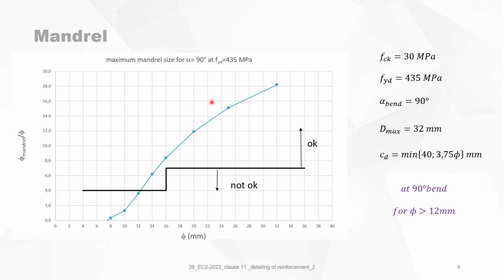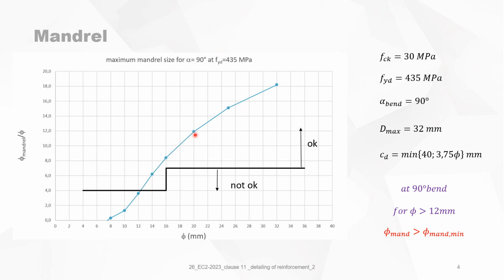So at the 90-degree bend and fyd equals 435 megapascal, full capacity of the stirrup, for a stirrup diameter bigger than 12 millimeters, you need a mandrel diameter which is larger than the minimum required diameter.